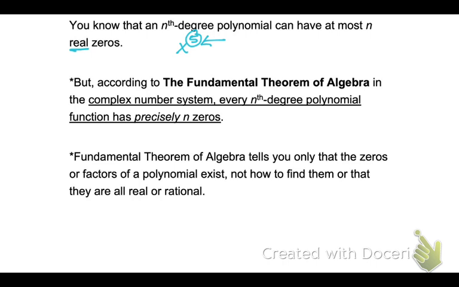They aren't always all real, but this polynomial would have 5 zeros. Not real zeros, I put the word in there. The fundamental theorem of algebra tells you only that they are zeros, not what they are, whether they're real or rational.